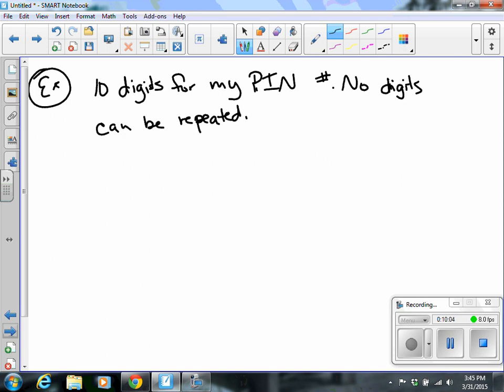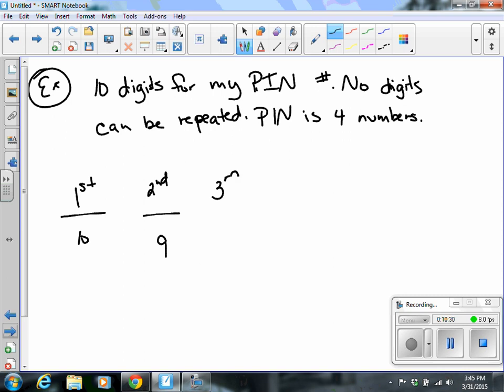How many different ways are there to construct my pin? Oh, by the way, pin number, it's 4 numbers or 4 digits. Might be helpful. So for the first digit, I have 10 ways. Second digit, I have 9 ways because I can't repeat. Third is 8. Fourth is 7, so I'm going to multiply all of those, and I get 5,040.